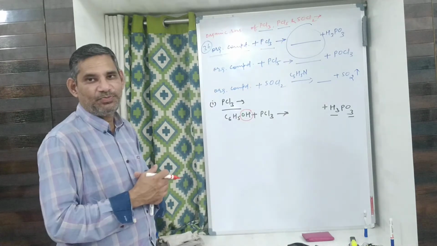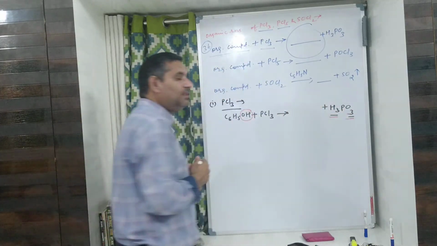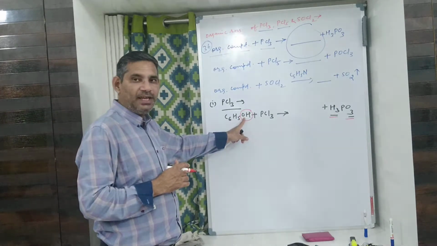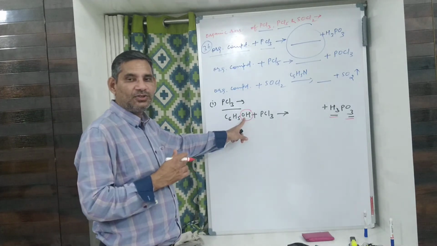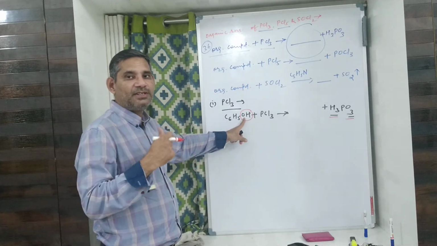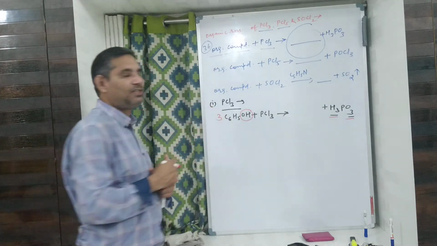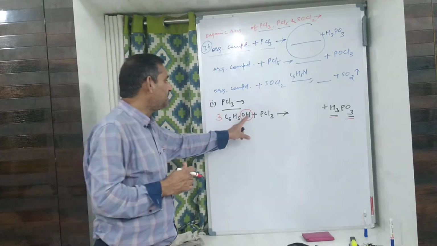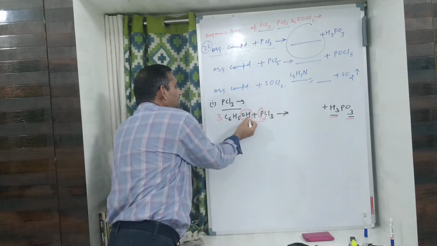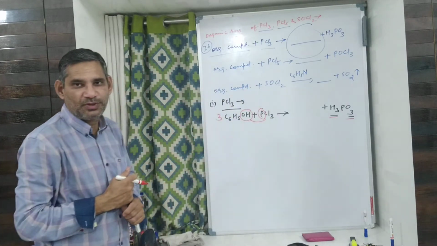That we will check. See here how many H and O you have written. You have written 3H and 3O. But here in this functional group, how many H and O are there? 1H and 1O. And your requirement is 3H and 3O. So what should you do? You should multiply this by 3. Now see this H3 and this P, to form H3PO3.